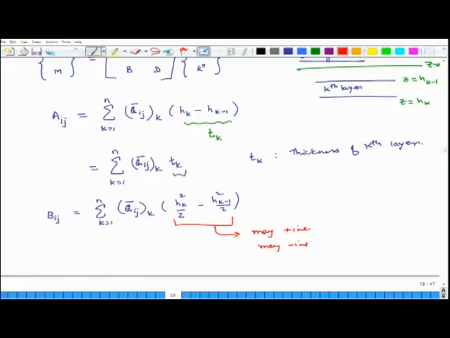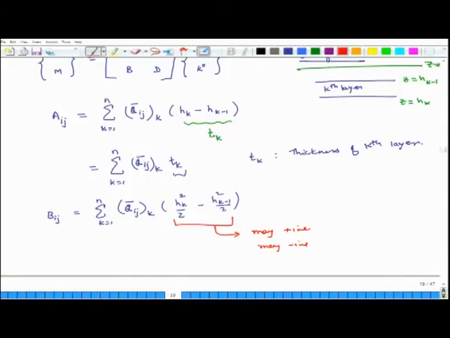Why? Because each of these terms is a positive number, hk square is positive, hk minus 1 square is positive. But if hk minus 1 absolute value is much larger than that for hk, then this can be negative. So, because of this, the term in parenthesis can be either positive or negative.